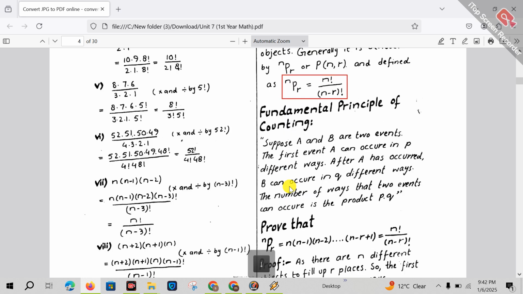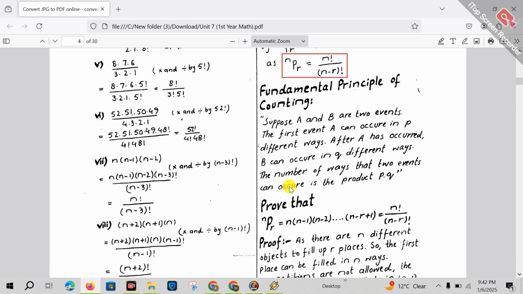Next is the fundamental principle of counting. Suppose A and B are two events. Here we are discussing events.